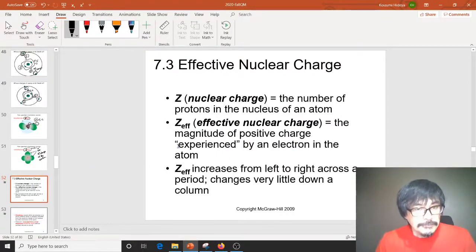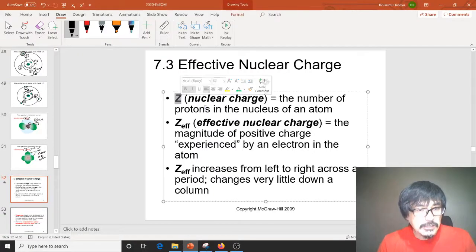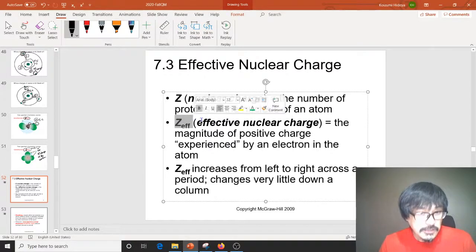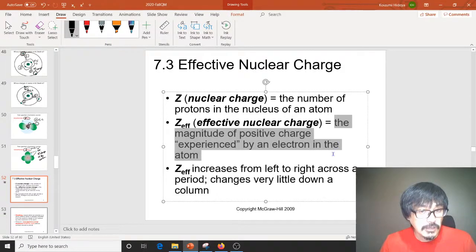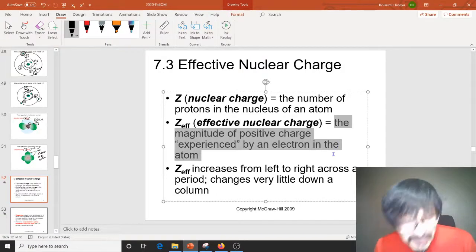So to put all those things in words, Z is the common letter for nuclear charge, the number of protons in the nucleus of an atom, and Z effective is the effective nuclear charge, defined as the magnitude of positive charge experienced by the outermost electron in the atom.